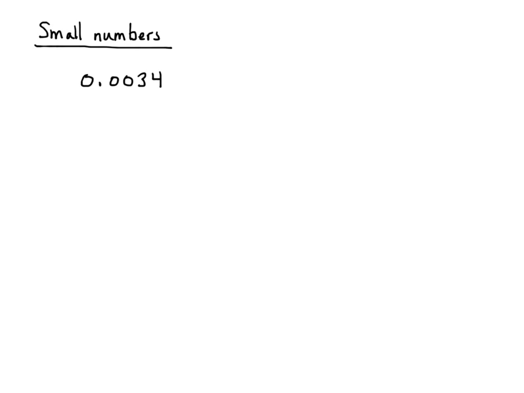All right, so small numbers. We do it with small numbers as well, except now we're going to be using negative exponents. And so something like this, we're going to move over 3 decimal places, and so that's going to be 3.4 times 10 to the minus 3.